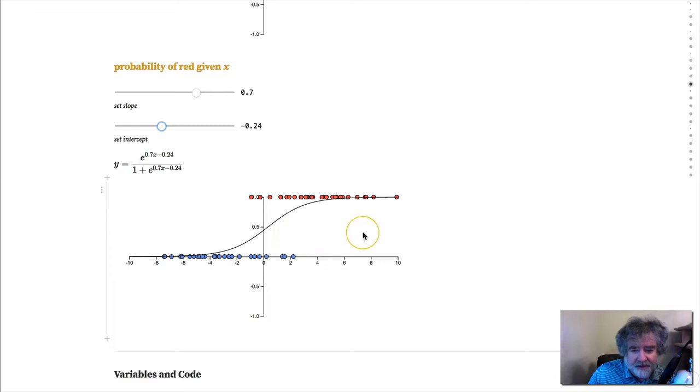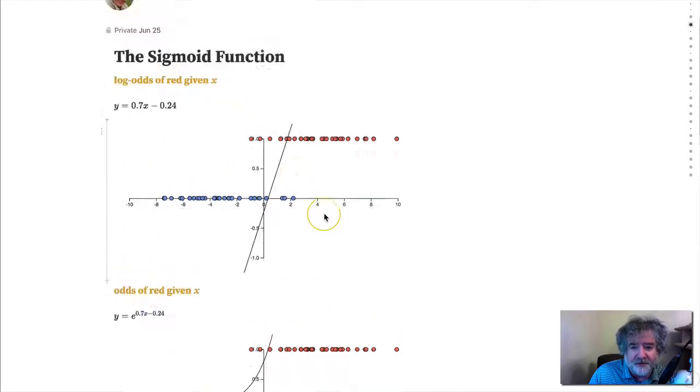So in logistic regression, you've got your sample of points, and you're trying to fit a sigmoid curve, instead of a straight line. Regular linear regression, it's a straight line. You're trying to fit a straight line to the points. Here, it's this S-shaped curve. But where does that come from? It comes from the log odds, and assuming that that is linear.